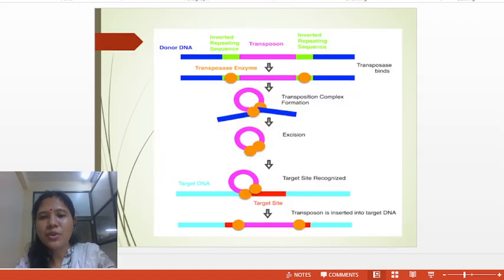The donor DNA has the transposon, and the recipient DNA does not have the transposon sequence before, but the transposon jumps from the donor DNA to the recipient DNA with the help of an enzyme called transposase, which cuts the recipient gene structure and inserts the transposon structure into it, jumping from the donor DNA into the recipient DNA where they want to target. So this is about the transposon genes.